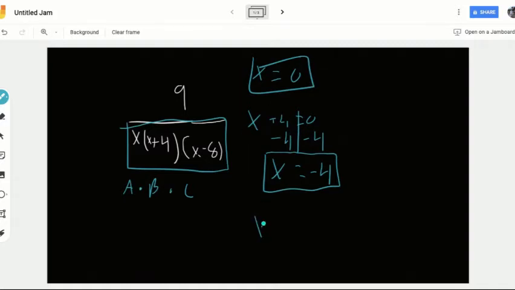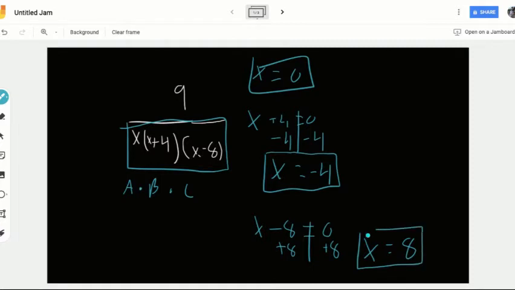And then you have x minus 8 equals 0, and you add 8, you get x equals 8. So what we just did, we found the values in which this rational expression would be undefined.